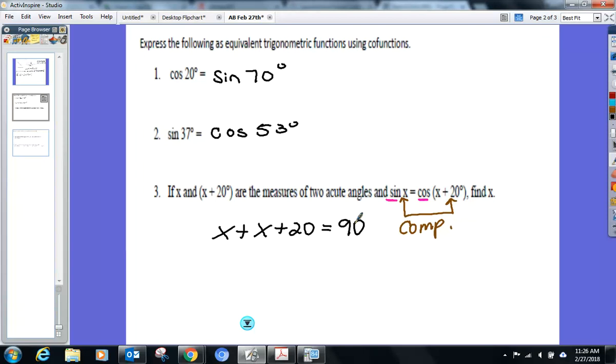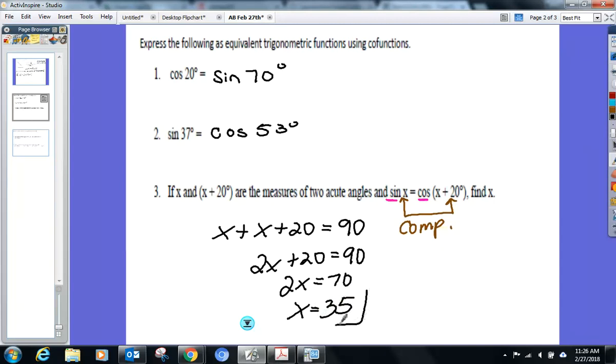Go ahead, let's solve for x. 35. Questions? Okay, let's get a little tougher.